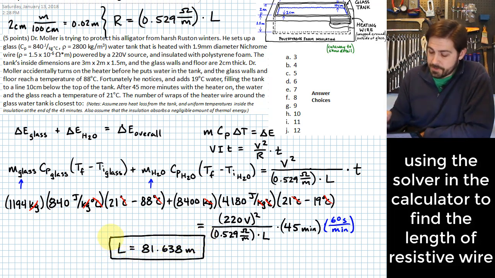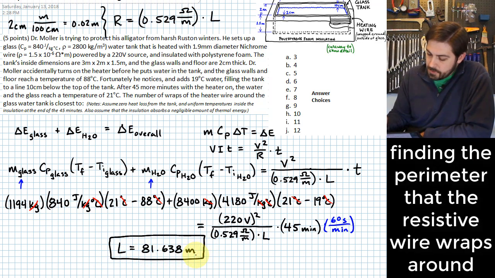We're getting very close, because now what we need to do is take this length of wire and use it with the perimeter of the tank to figure out a number of wraps. Okay, well, what's the perimeter of the tank?